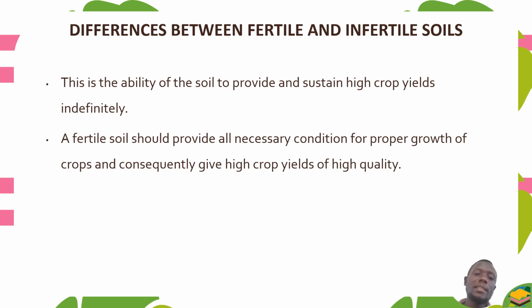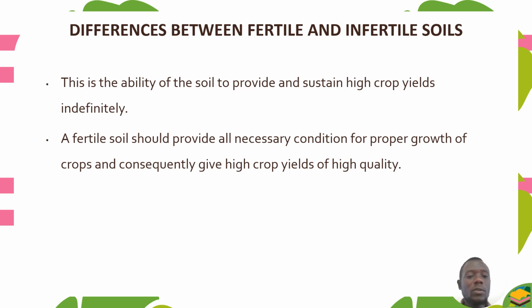So let's now look at the differences between fertile and infertile soils. Let's look at fertile soil. Fertility is the ability of the soil to provide and sustain high crop yields indefinitely.